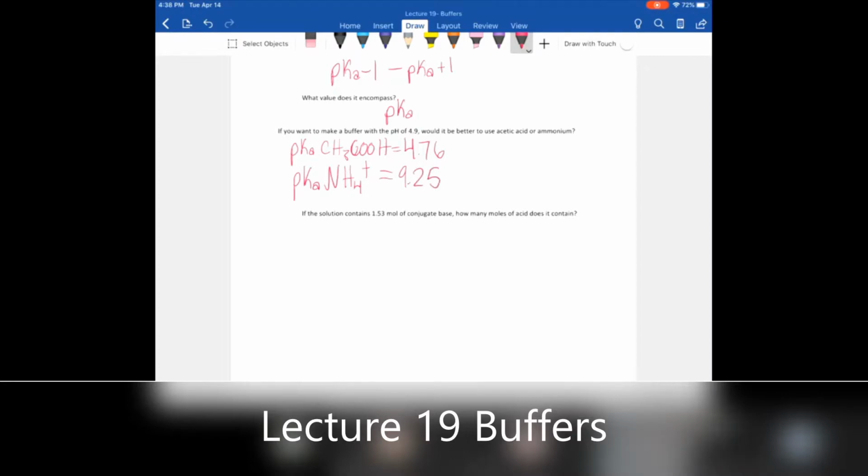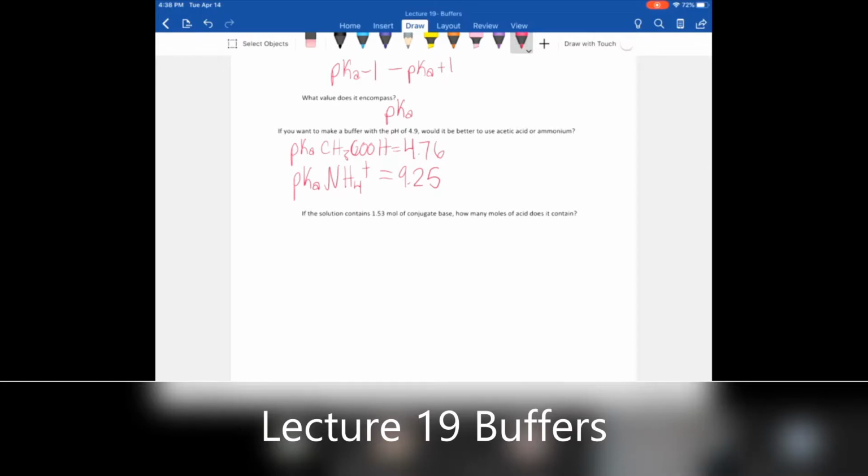So which one's more effective? Yes, acetic acid would be your most effective buffer. If you try to get your NH4 buffer to 4.9, your buffer's pretty much already dead. You could essentially do it, but it's no longer a buffer at that point. It's just an acidic solution.